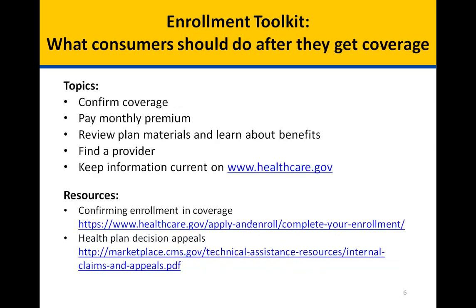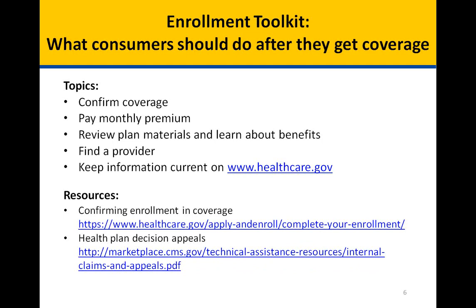Next slide. In one of our other sections, after consumers have gone through that process of getting coverage, we talk about making sure that they confirm their coverage, pay their monthly premium if they have one, and that they do so repeatedly, so not just paying that first premium, but maintaining coverage, reviewing their plan materials to learn about the benefits.